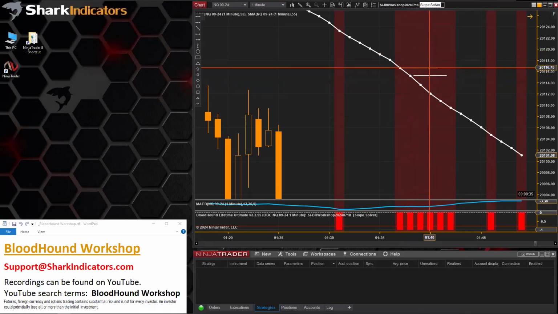So you're measuring this vertical distance. So let's see, what do we got? 1525 to 1650. So that was literally 5 ticks.